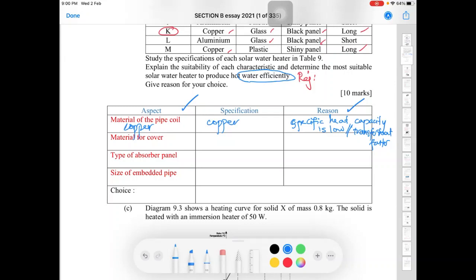Okay, alright. So number 2. Okay, material for cover. So material for cover kita nak pilih glass, sebab glass trap heat. Okay, so type of absorber. Okay, type of absorber kita nak black panel.